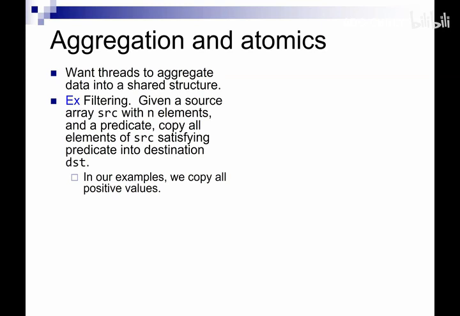An example of this would be filtering. Here we're given an input array source with n elements, and we're also given a predicate, which is a condition. Then we're going to copy all of the elements from source that satisfy this condition into a destination array.